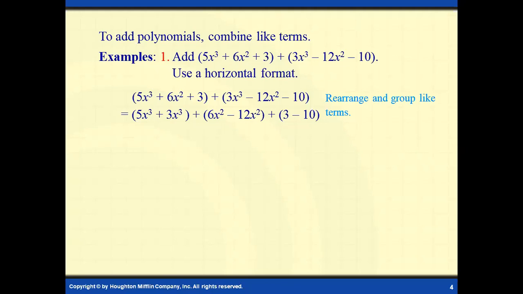So this is 3s cubed, not 3s squared. Now we have 2s cubed. That is 5s cubed plus 3s cubed, that is 8s cubed, plus 6s squared minus 12s squared. That is minus 6s squared, then minus 10. Same. Good.